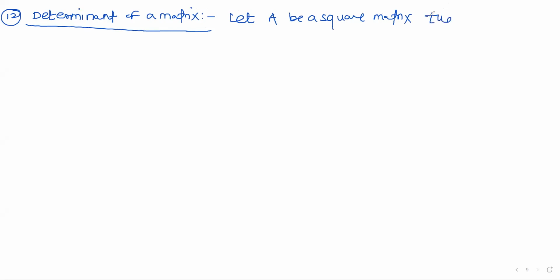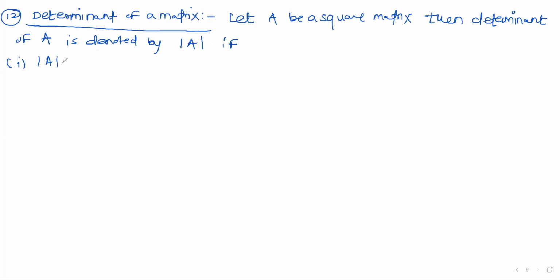Then determinant of A is denoted by this symbol. If determinant of A is not equal to 0, then the matrix is called non-singular.